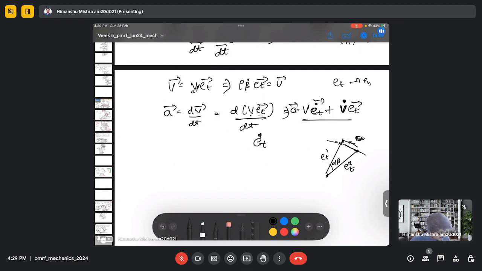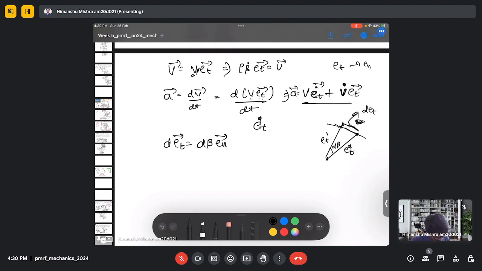And this quantity is d Et, the change in the tangential direction. So it will be d Et equals d beta En. And if I take the derivative with respect to time, it will be dEt by dt equals d beta by dt En.